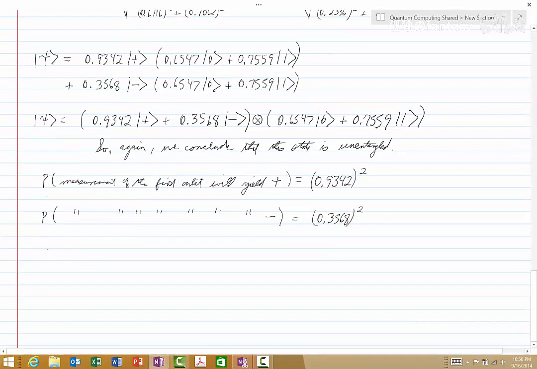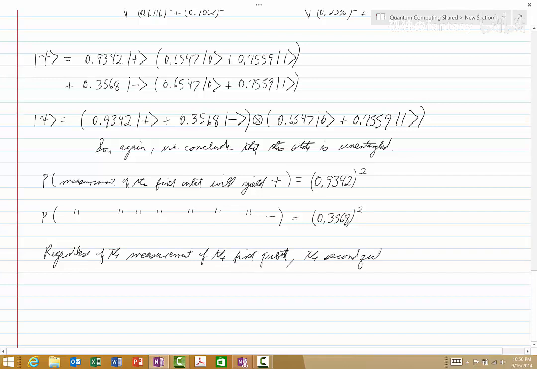and regardless of the measurement of the first qubit, the second qubit will be 0.6547 plus 0.7559, and therefore if we measured that second qubit in the standard basis, the probability of getting 0 would be 0.6547 squared.